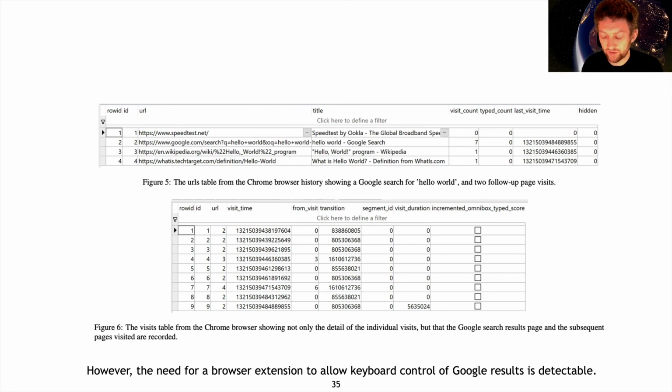So it shows that if you just do things with the keyboard and the mouse, you can pretty well align the resulting artifacts between the automated process and a real user.